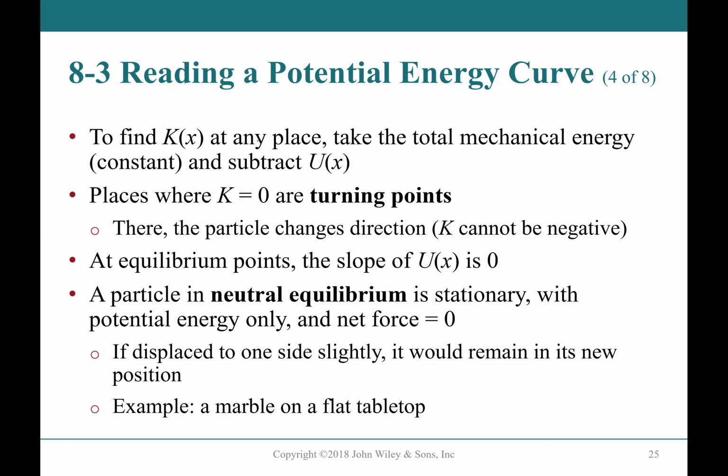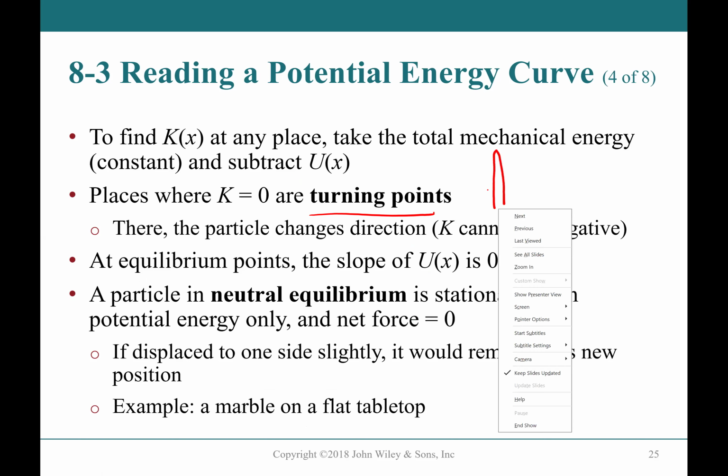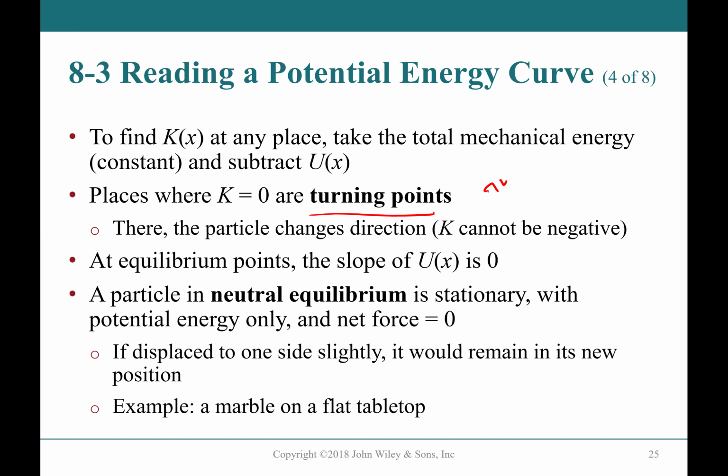Oh, so for the potential energy curve, the only thing I want to say is that usually for an object, we have turning points. A turning point is where you have an object going up and going down, so like this. And then this point is what we call the turning point, right?